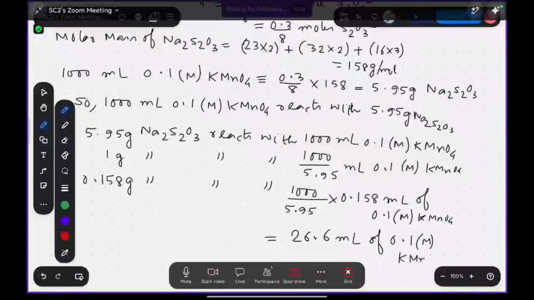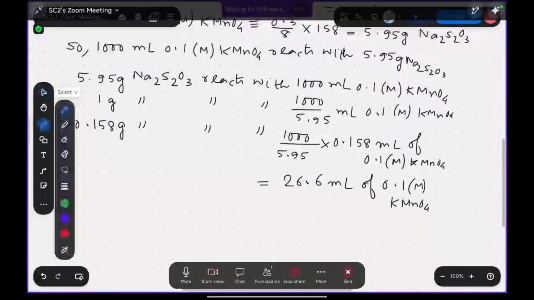So according to the question, what is given to you? You have to find out the volume of KMnO4 whose concentration is 0.1 molar that will react with 0.158 gram of sodium thiosulfate. So what do we do?